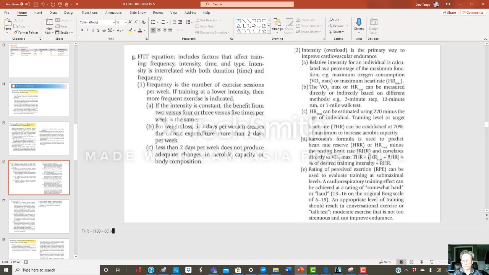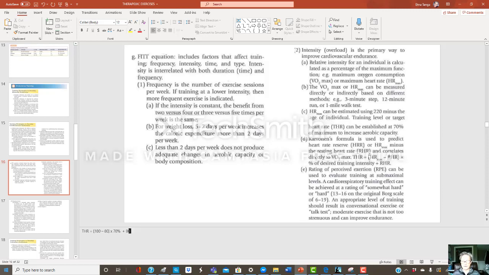Times percentage, let's say we want... What did it say up here? Training level or target heart rate can be established at 70% of maximum. So let's say we want 70% of desired training intensity plus resting heart rate, which is 80.